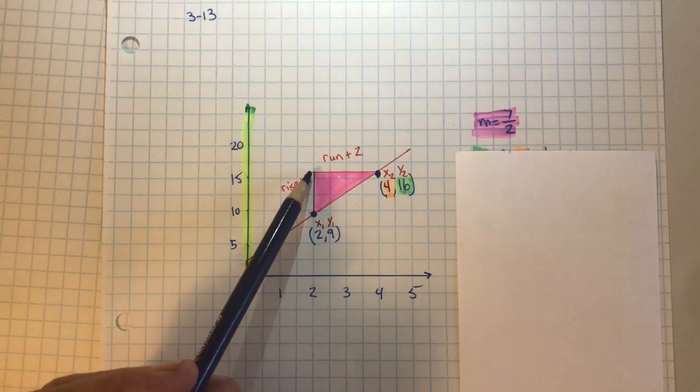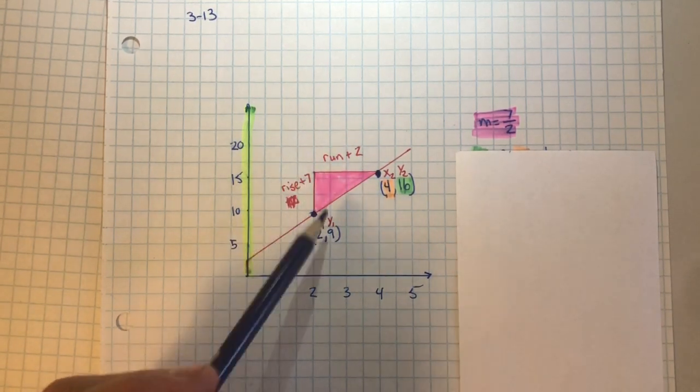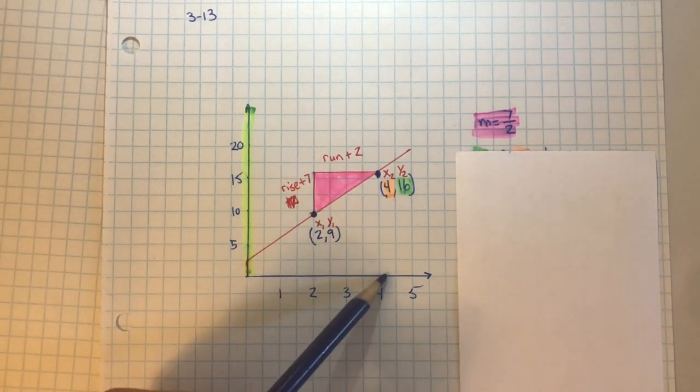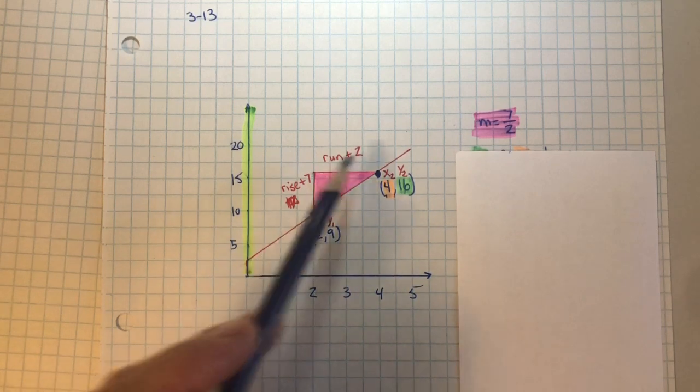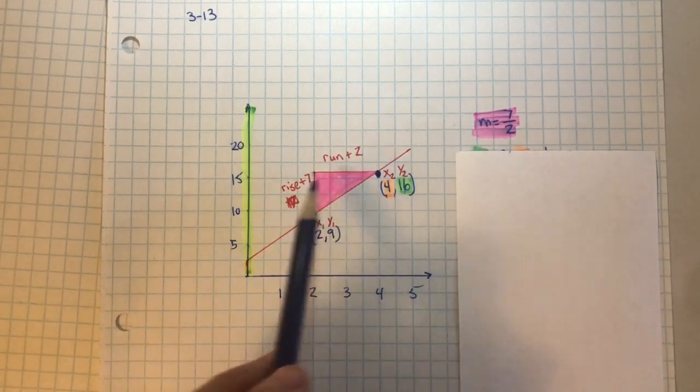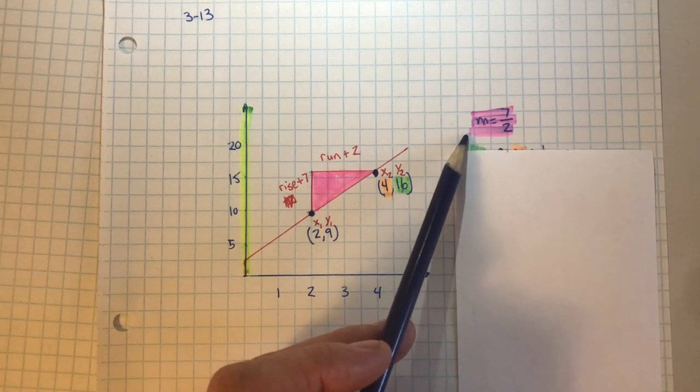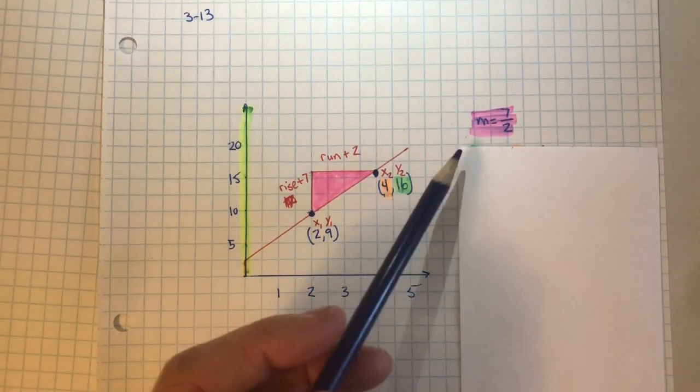Now the difference of the x's: I'm going from 2 all the way to 4. Well, 4 minus 2 is 2. So I have a run of 2 and a rise of 7. So my slope is 7/2, or 7 over 2.